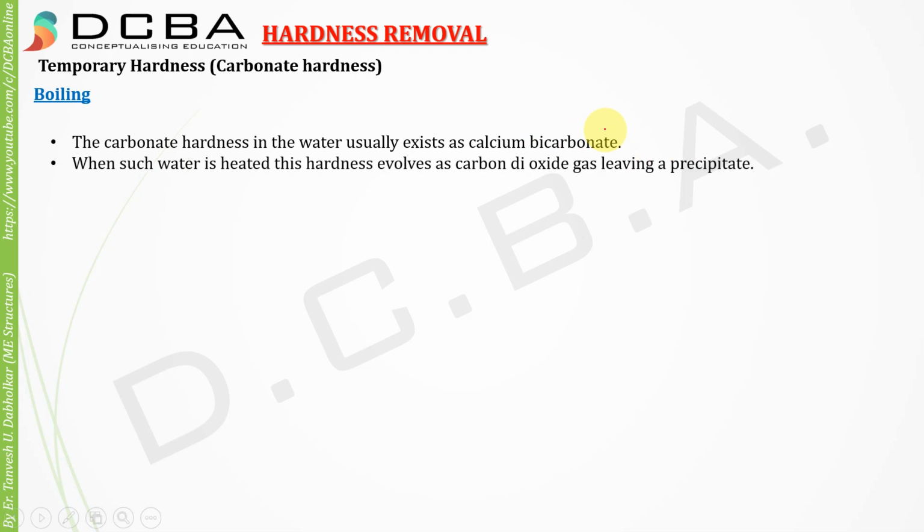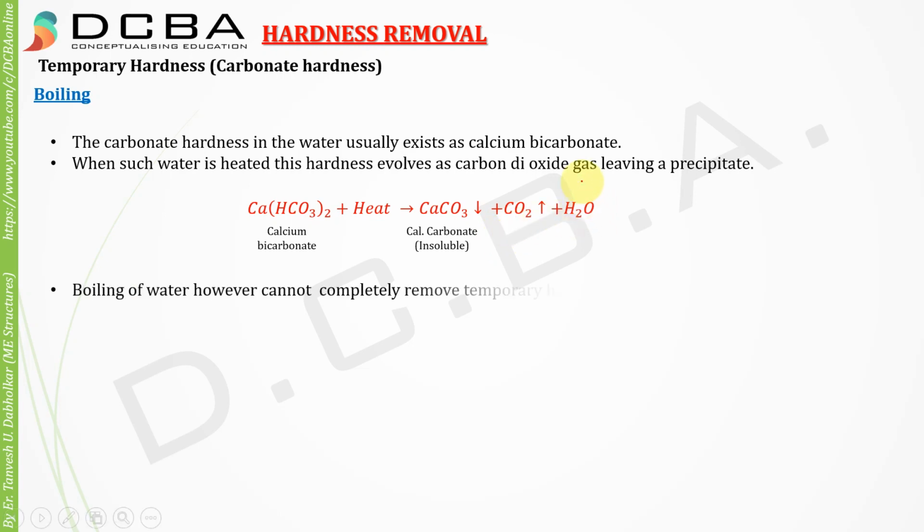But let us see what happens when only calcium bicarbonate is present. When such water is heated, calcium bicarbonate plus heat produces calcium carbonate as an insoluble precipitate, while carbon dioxide gas effervesces through the water and H2O is formed.